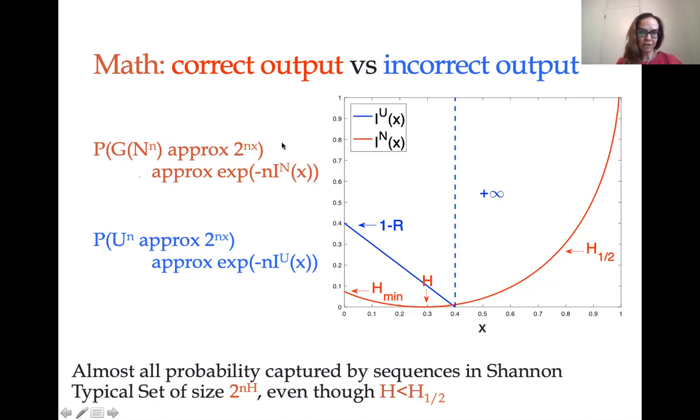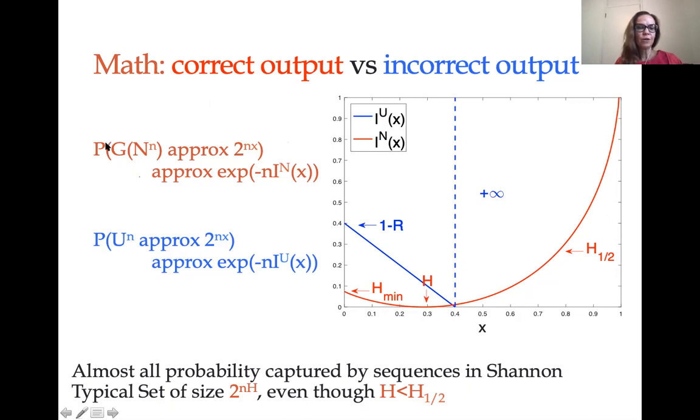Think of this in terms of an approximation where, harking back to what we did in the first lecture with typical sets, the behavior is similar to what's happening in a typical set.